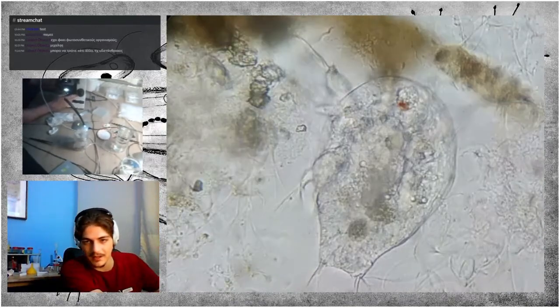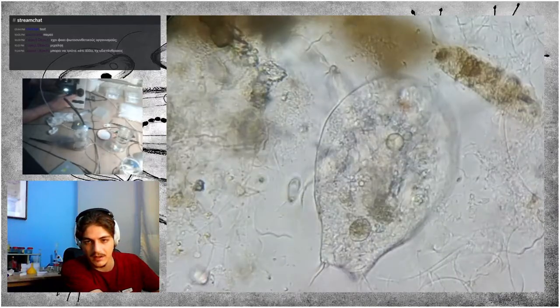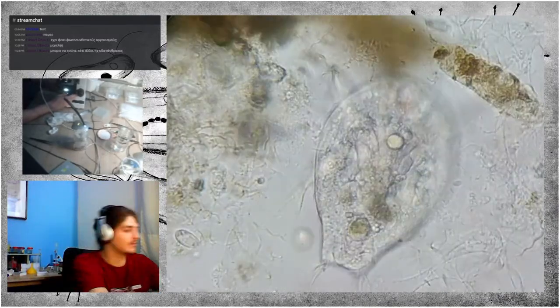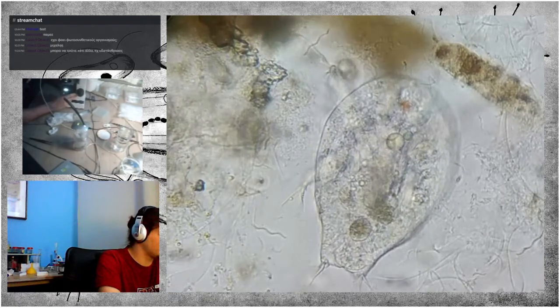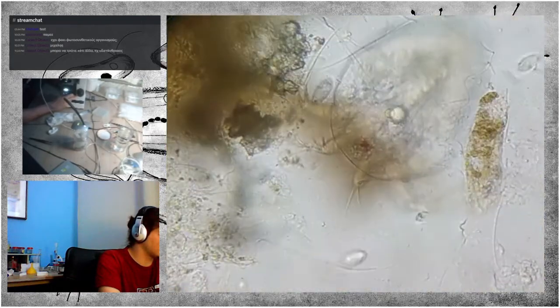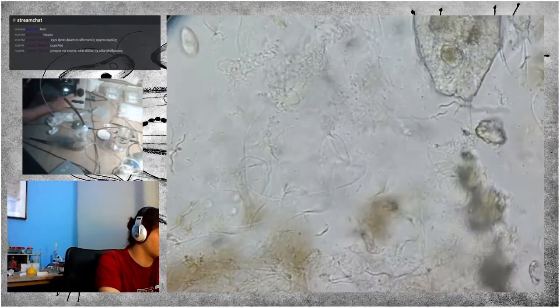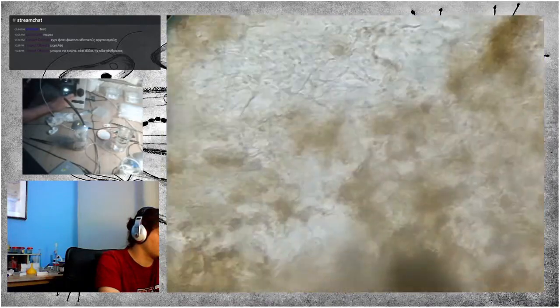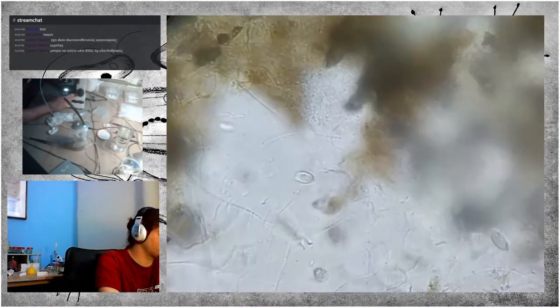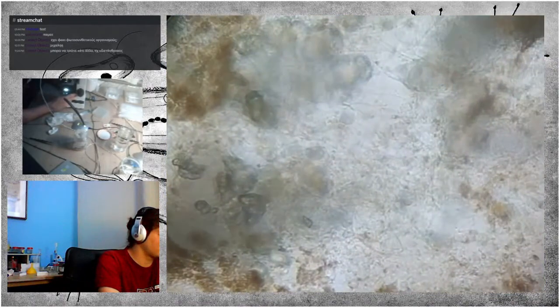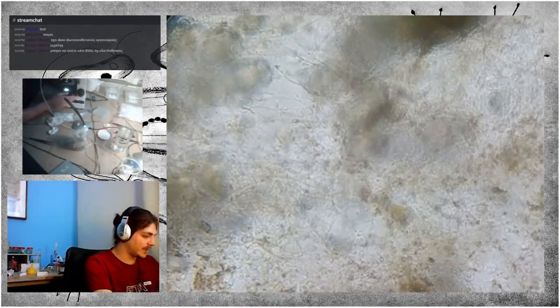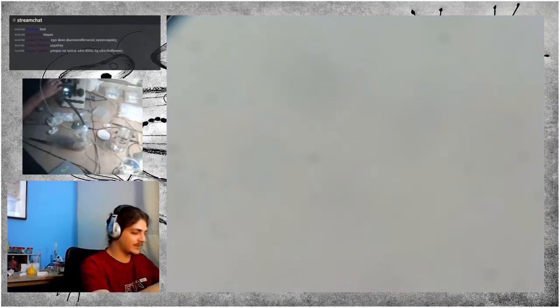I don't think you can see it. I'm not sure what the spherical thing in the middle of the copepod is. Anyway, let's move on to the next slide, to the next specimen.